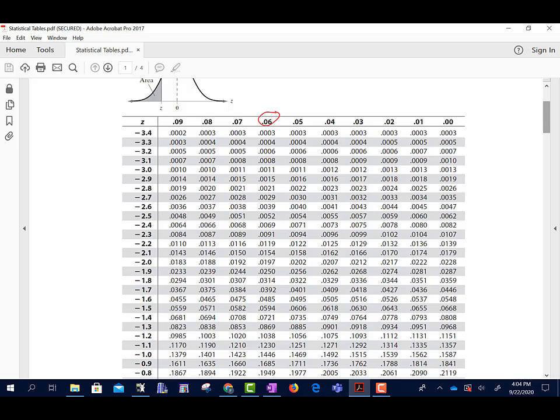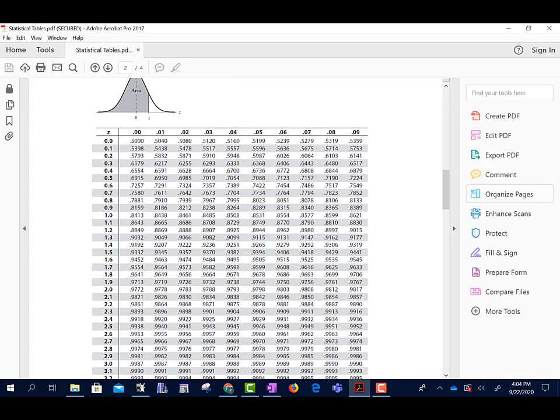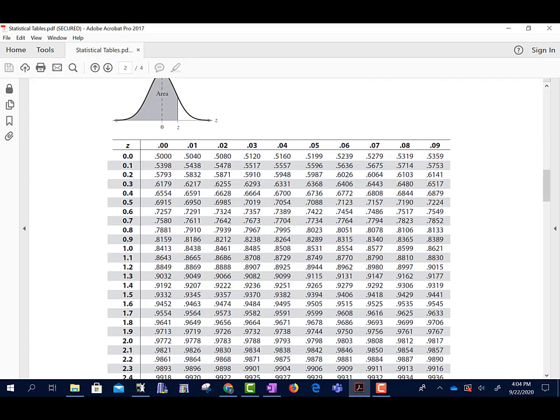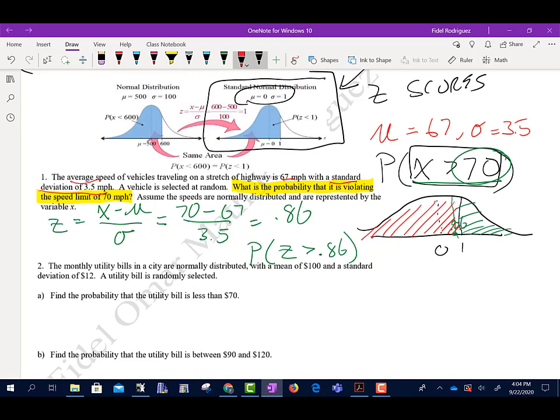Oh, those are negatives. We want the positive ones. Oops, my bad. There we go. We want positive 0.86, so here's 0.8, here's 0.6, and I'm looking at right here, 0.8051. What that's telling me is that the area over here is 0.8051.